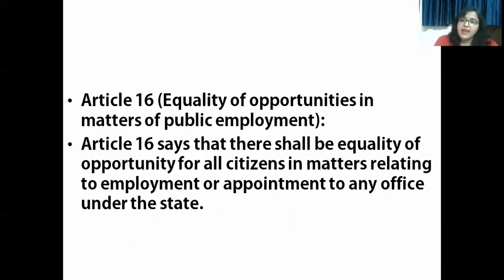Article 16 explains that we have equal opportunities to get any job in any office under the state. If we have the required qualification and the required capacity, then we have the right to get the opportunity to have a job within the office of our state. Now let's come to the next article.